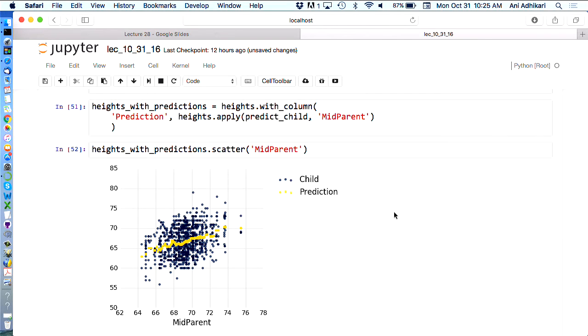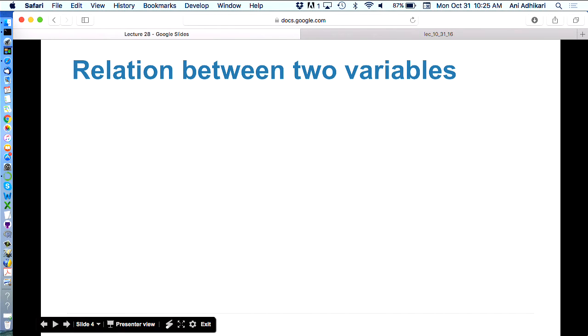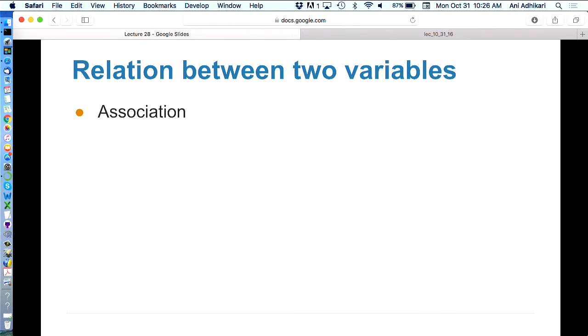And one of the things we're going to quantify, actually let me go to my slides, is the relation between two variables. You know already, what is association? Any relation whatsoever between two variables, any relation.